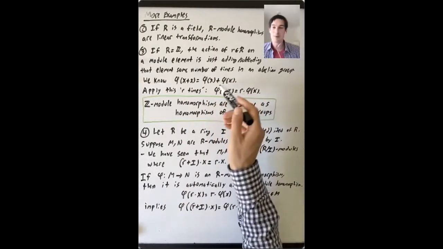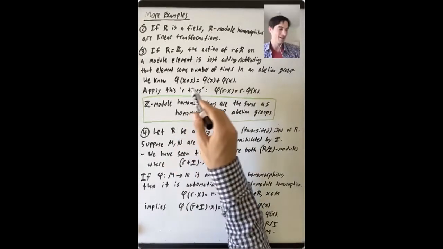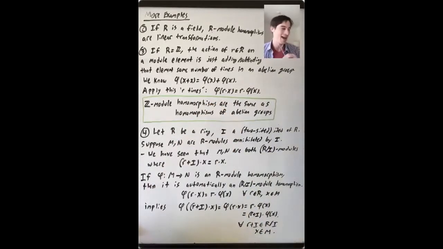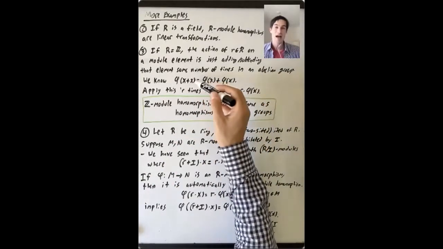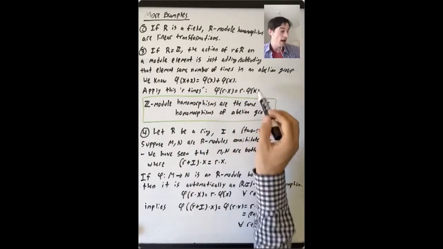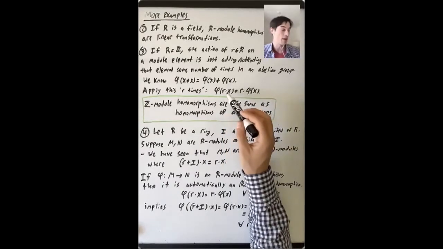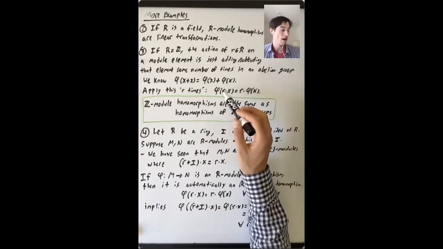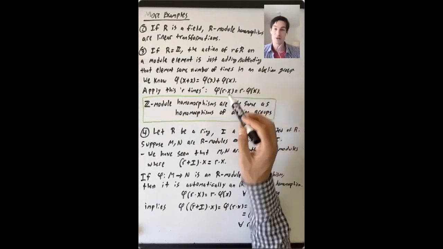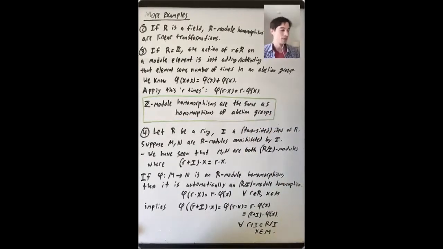But either by induction or applying this r times, we see that having the group homomorphism condition, that phi of x plus y equals phi of x plus phi of y for all x and y in the module, implies that this phi also behaves nicely with respect to this action of the ring Z on the module M and the module N.